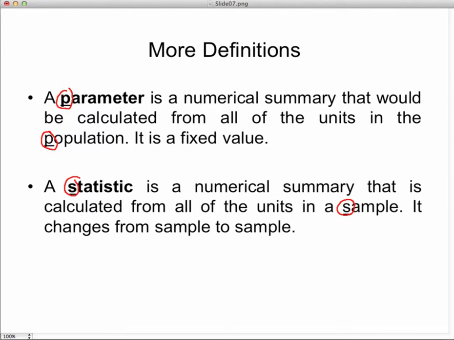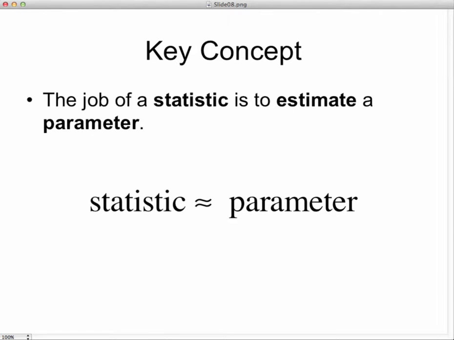So one of the key things in statistics is to realize that what we're trying to do is estimate the parameter with the statistic. There are many times we're not able to actually get to the parameter. So instead, what we do is we take a sample, and that sample statistic is our best guess of the population parameter.